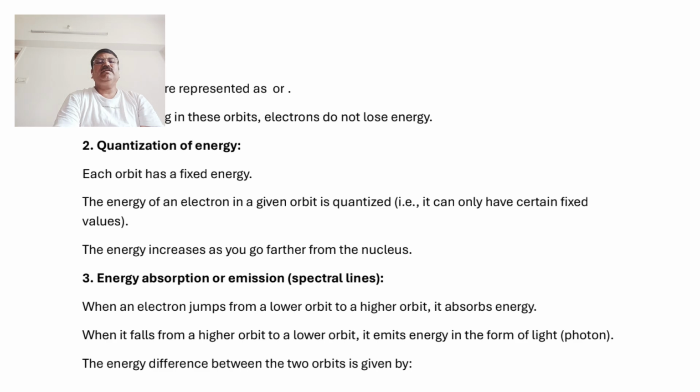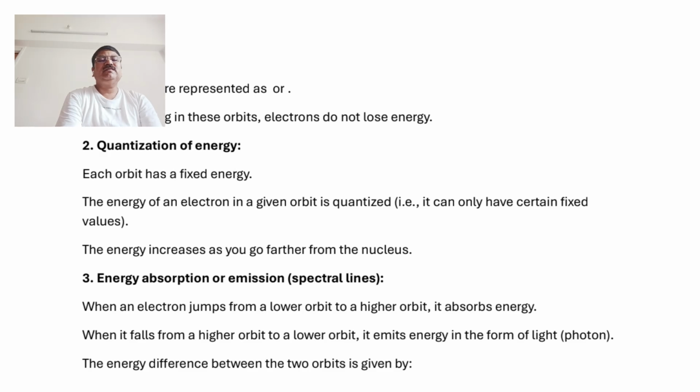Now the second postulate of Bohr's theory is quantization of energy. Now what is quantization? Each orbit, that is first energy level orbit, second energy level orbit, third energy level orbit, in the same manner has fixed energy, and the energy of an electron in a given orbit is always fixed and having fixed value.